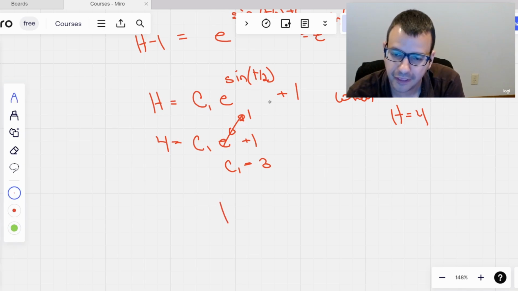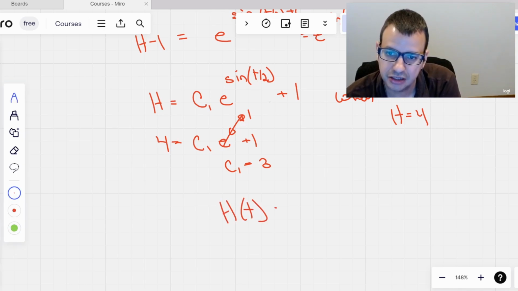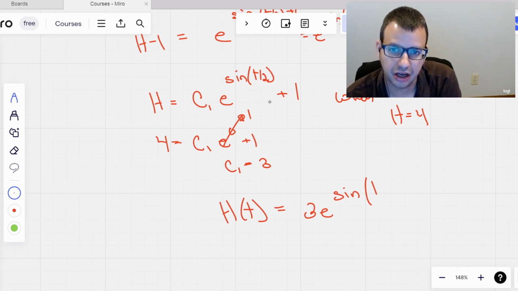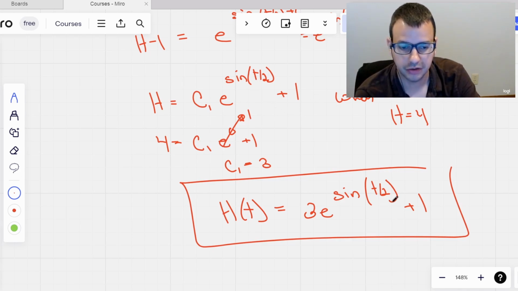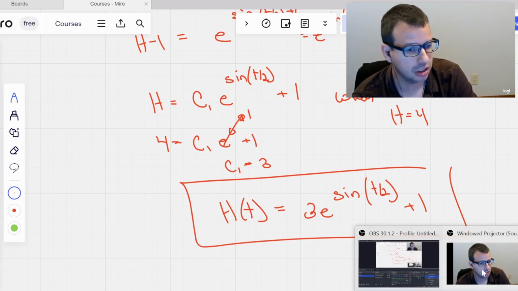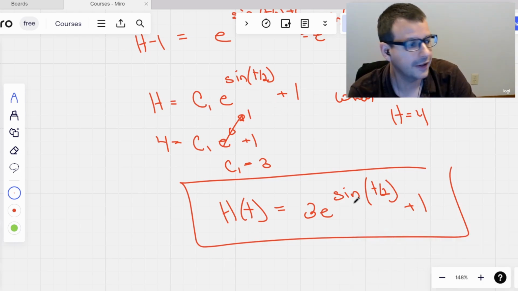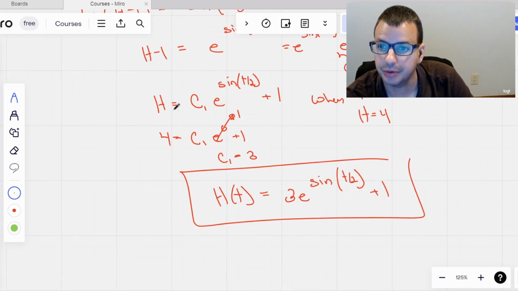So then h of t equals 3e to the sine of t over 2 plus 1. And that will be our particular solution for this function using separation of variables.